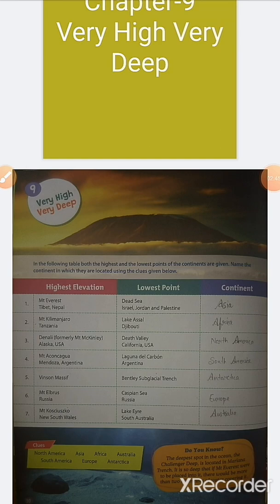It is so deep that if Mount Everest were to be placed into it, there would be more than 2 kilometers of water covering it. As now we have studied about highest elevation and lowest point of continent, but Challenger Deep is the deepest spot in the ocean.